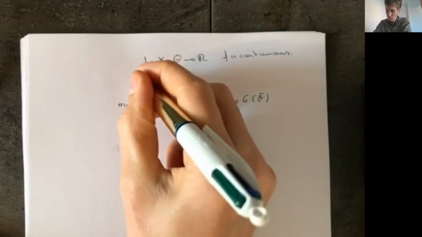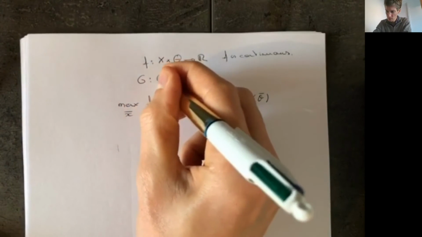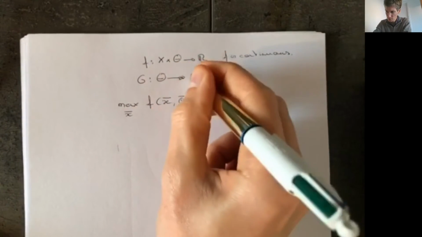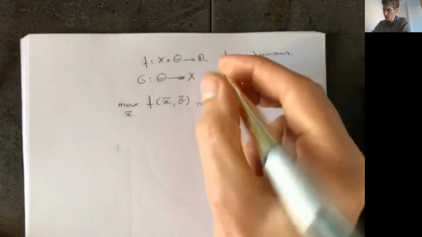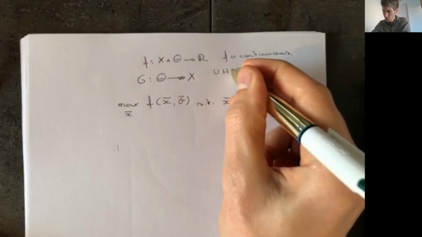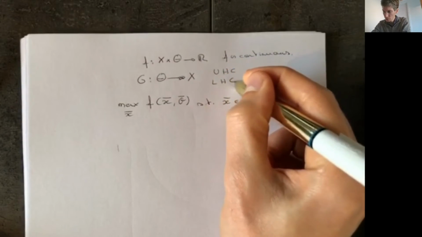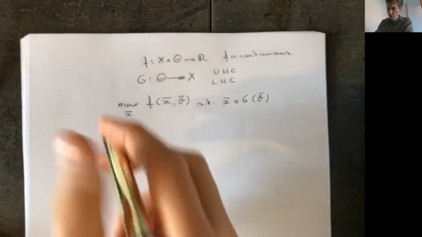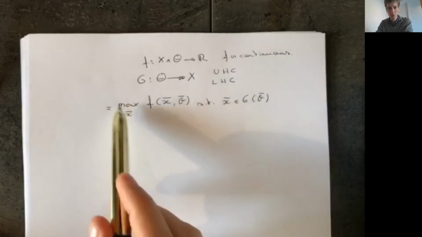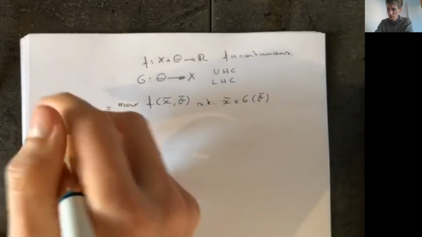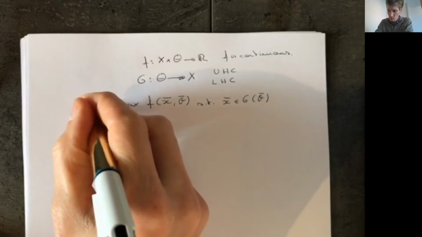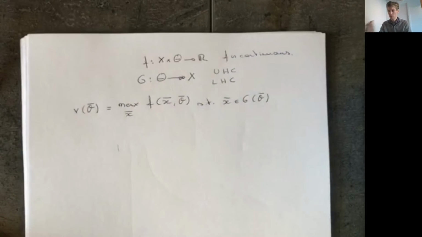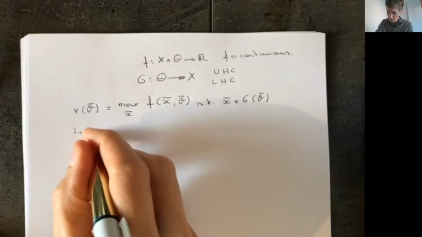And then we had that the correspondence G takes some theta, gives a subset of the domain X, and we assume that G was upper hemicontinuous and lower hemicontinuous, right? So it's both. And in this case, we have seen Berge's maximization theorem say that if we can solve this maximization problem, what we get out of it is a function that depends on theta, and this will be continuous.